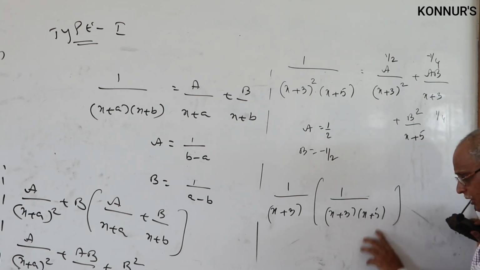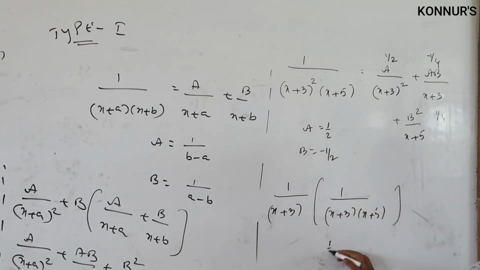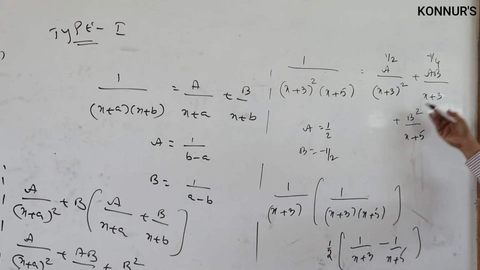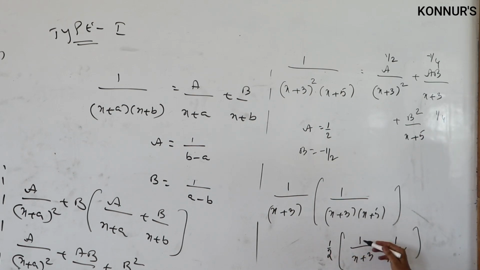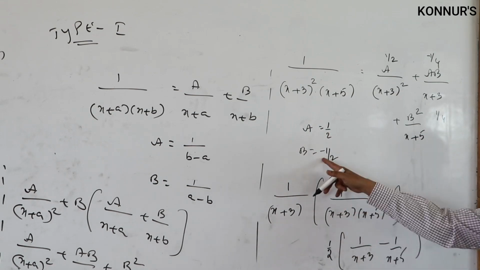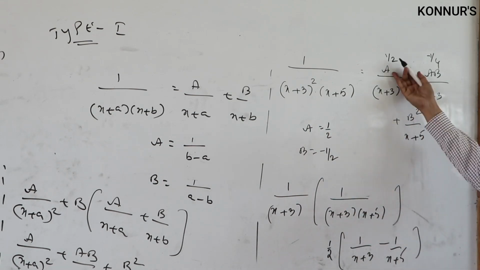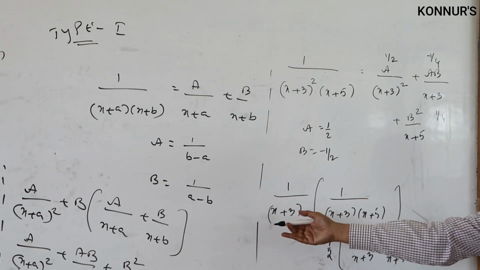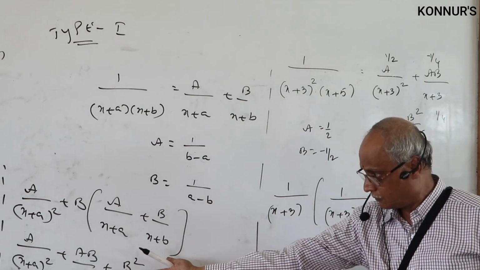What is 5 minus 3? 2. Half of this minus this only. That's what I wrote. This is A, the A value, the B value, minus 1 by 2. Substitute. As a result, it will be very useful.